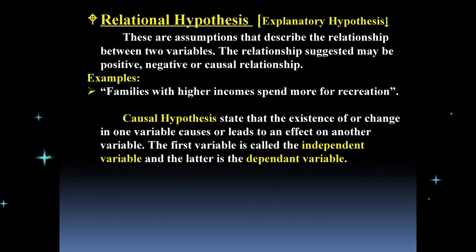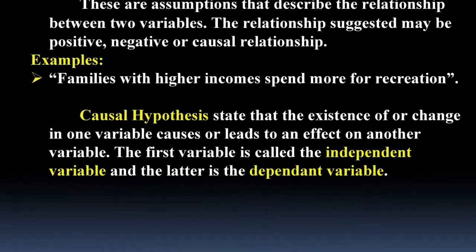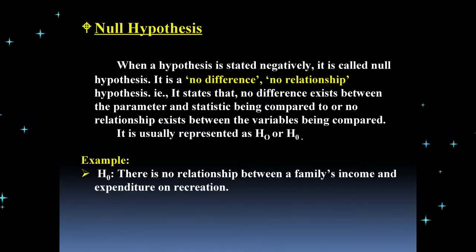Causal hypotheses state that the existence of or change in one variable causes or leads to an effect on another variable. The first variable is called the independent variable and the latter is the dependent variable. Null hypothesis. When a hypothesis is stated negatively, it is called null hypothesis. It is a no difference, no relationship hypothesis.